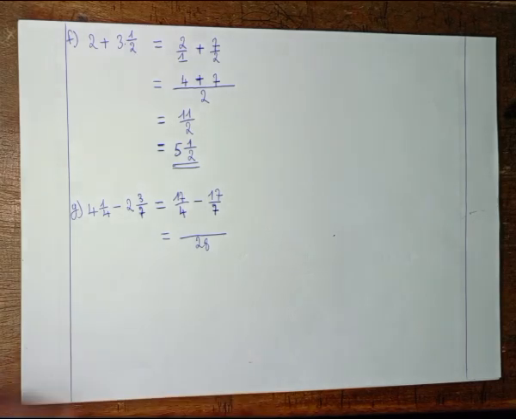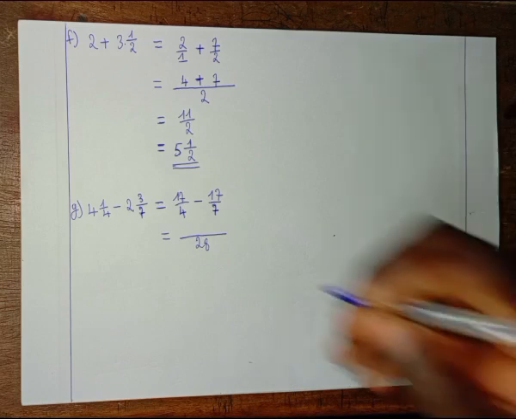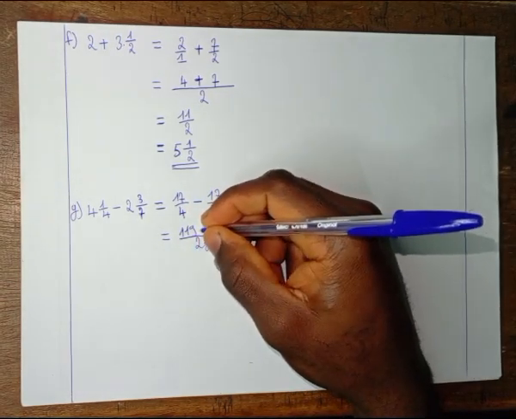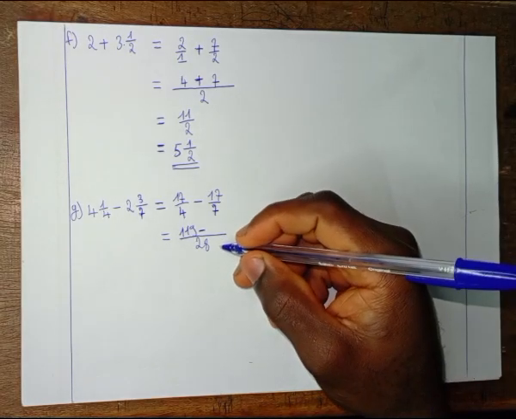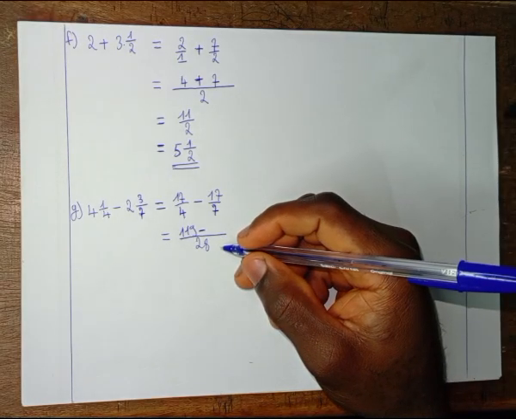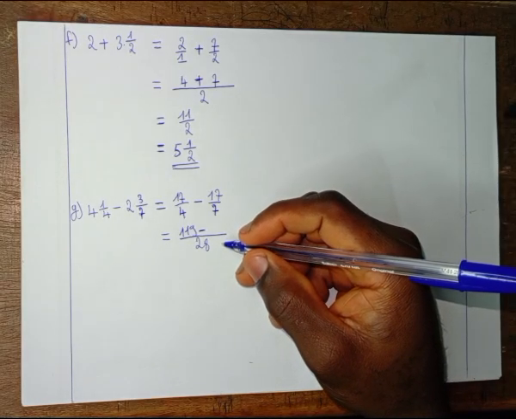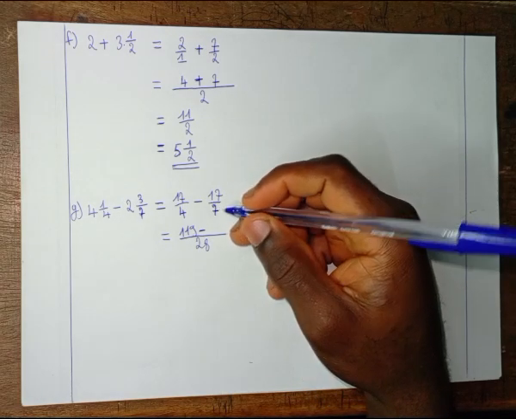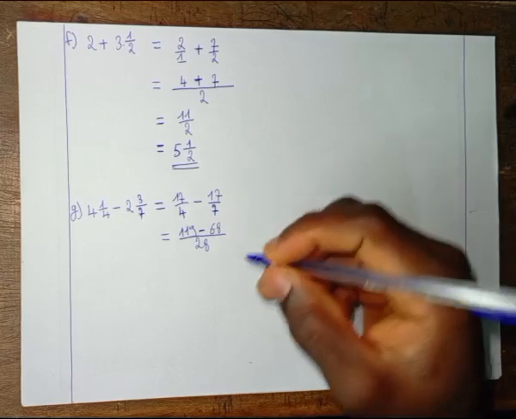Next, we multiply 7 by 17, which gives us 119. We bring down the operation sign, which is minus. Next, 28 divided by 7 gives us 4. 4 times 17 gives us 68.